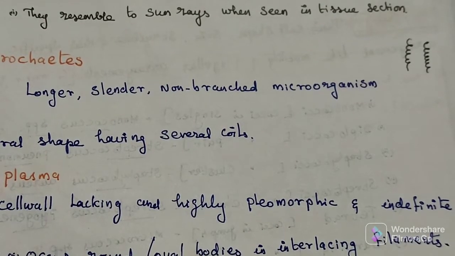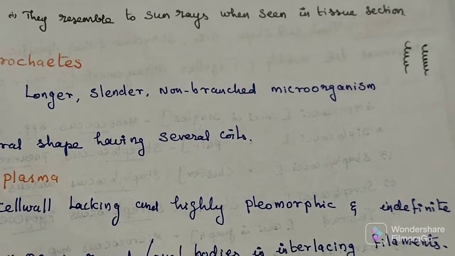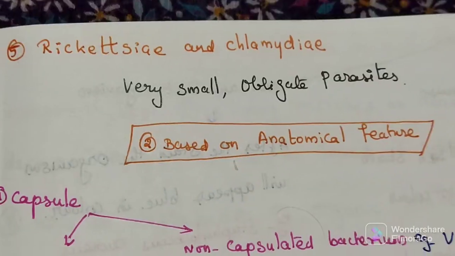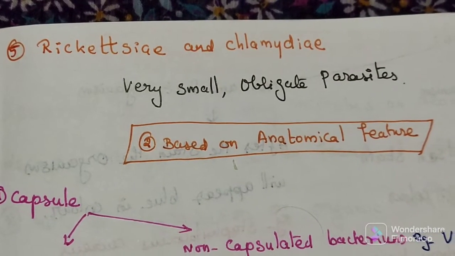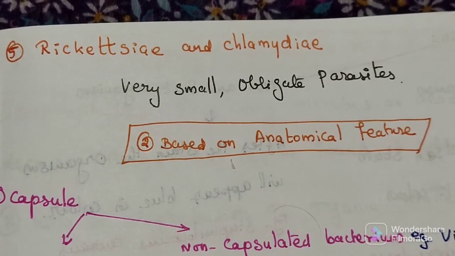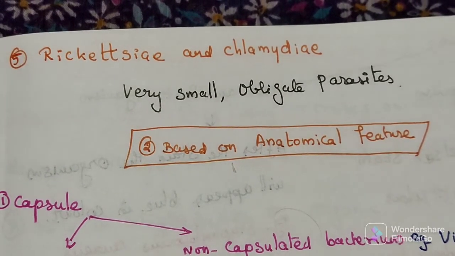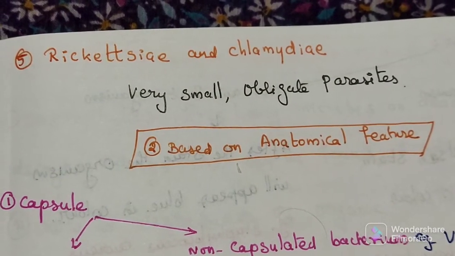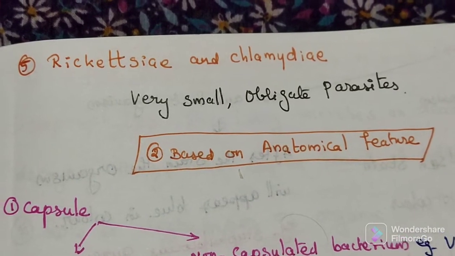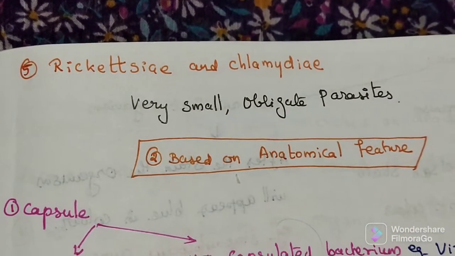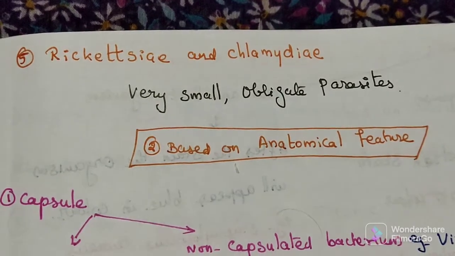They can be parasitic or saprotrophic. Rickettsia and chlamydia: both are gram-negative bacteria. Both are obligate intracellular parasites. Very small and obligate parasites.